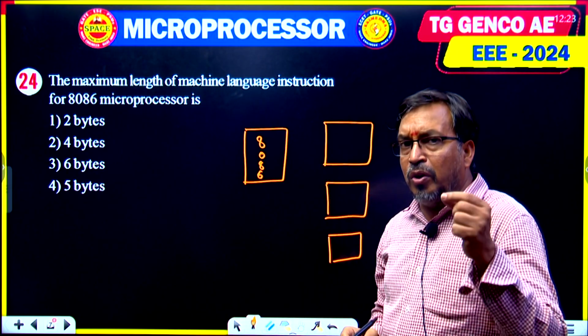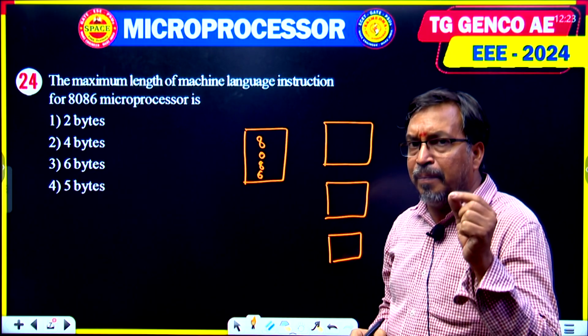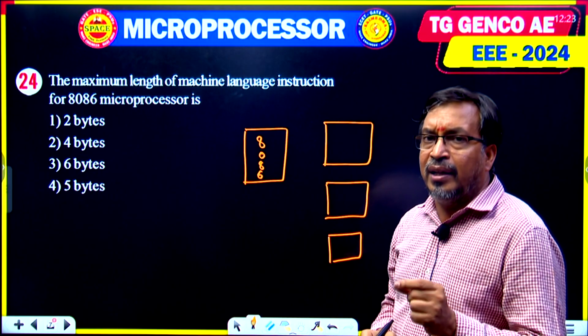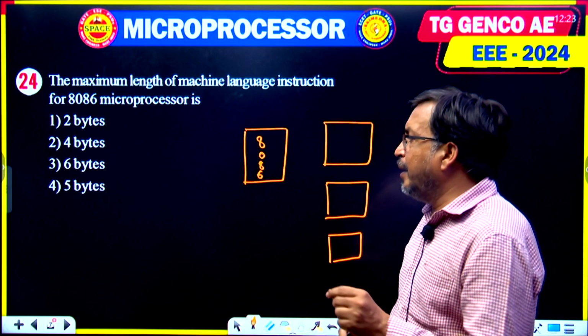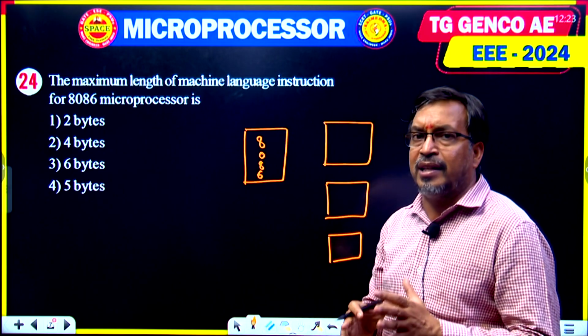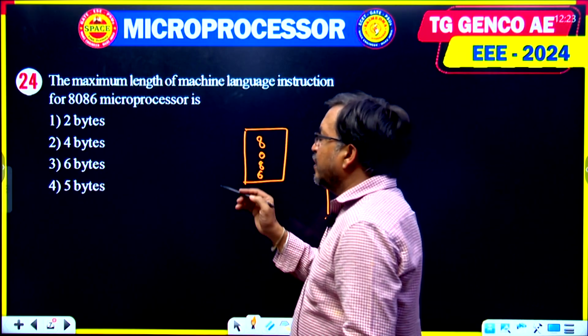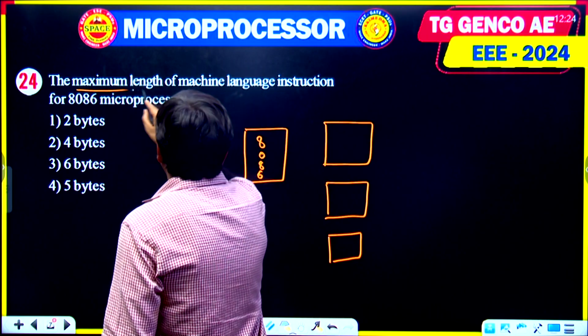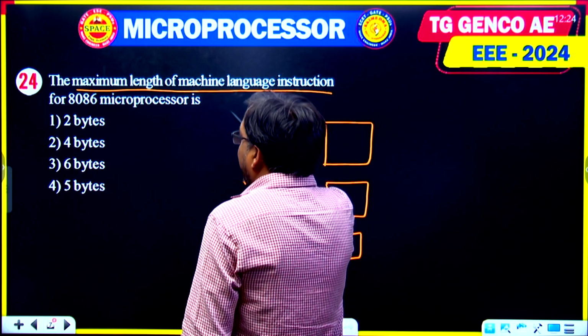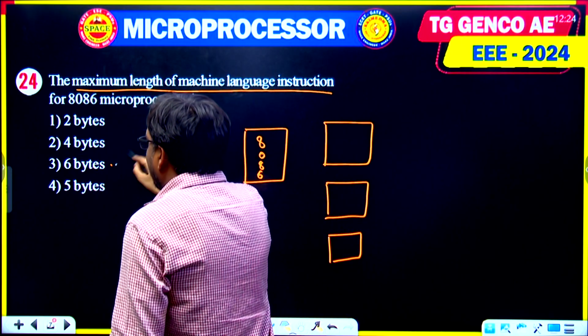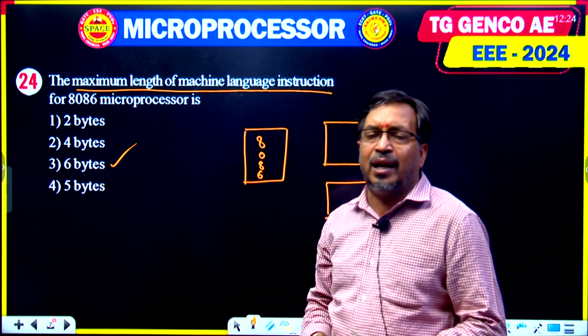To load one instruction, the minimum length is 1 byte and the maximum length is 6 bytes, that is a predefined standard bit. So the maximum length of a machine language instruction in the 8086 microprocessor is 6 bytes.